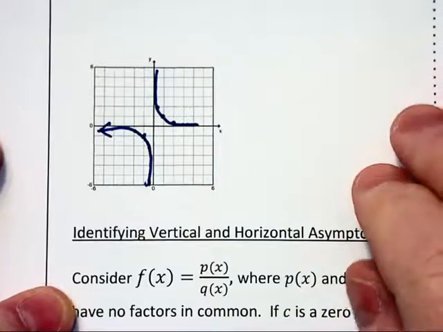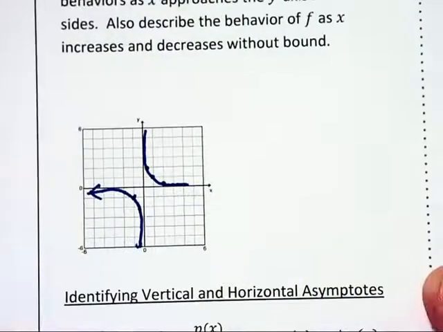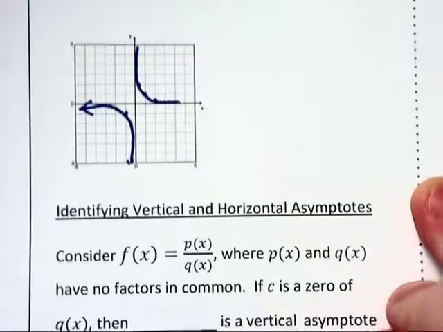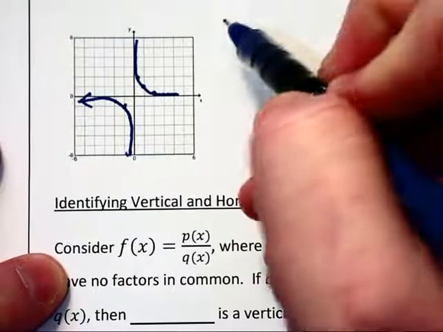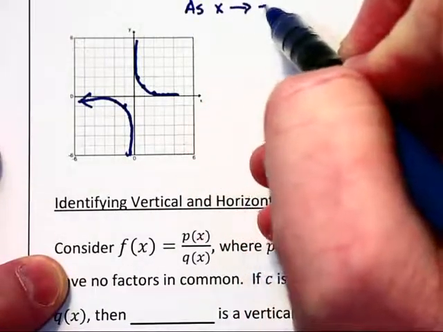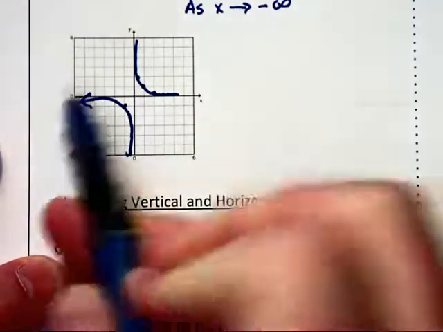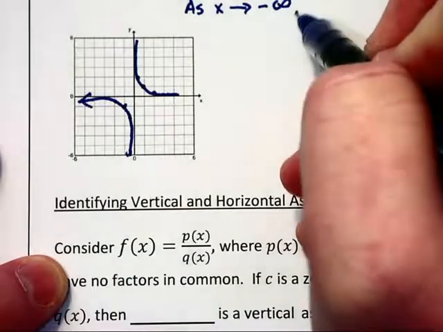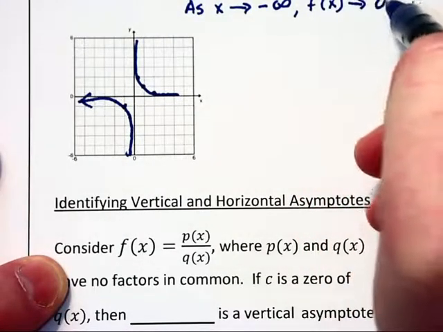Now, let's use this graph and some of the notation from up above to describe this using what we call limit notation. I want to say as x approaches -infinity, in other words, as we go to the left, comma, f of x is going to approach the number 0.